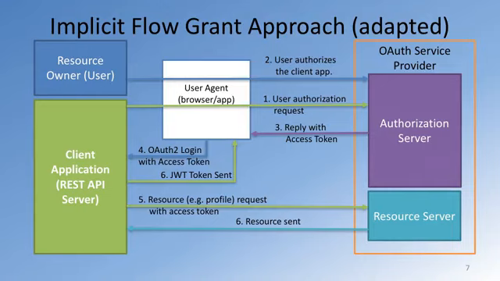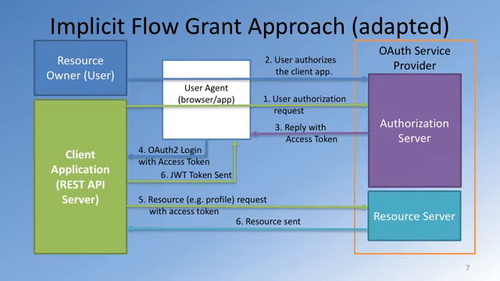All these act as the user agents. The user authorization request passes through the user agent to the authorization server, which is the Facebook server. Now, when that is passed in, the resource owner, the user who is trying to give access to his or her profile to this client application, will have to authorize Facebook to share this information with the client application.